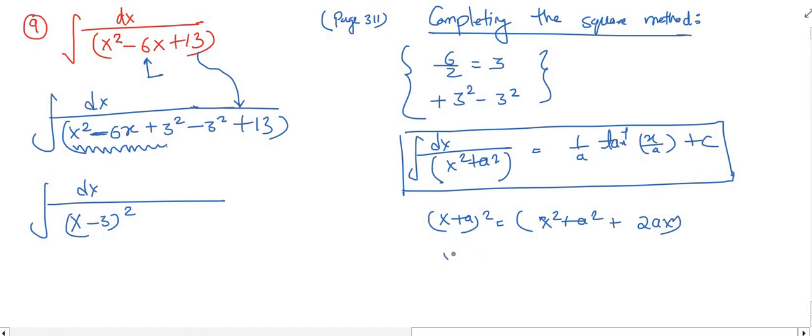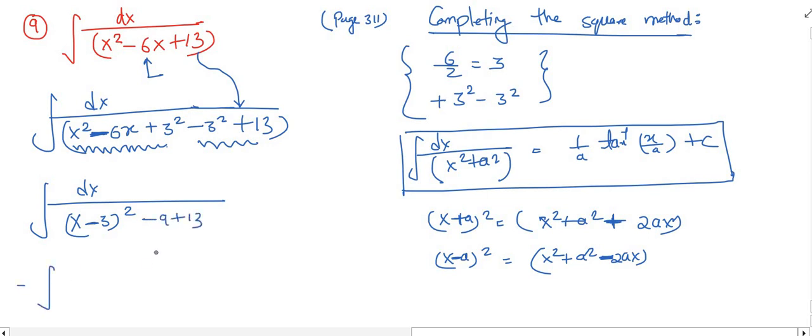See here, let me show you. X minus a square is x square plus a square minus 2ax. Correct? Whenever this term is minus, here comes minus. Whenever this term is plus, this comes plus. Okay? So here, since it is minus, I am taking minus. Remaining term I am just gonna copy. Minus 9 plus 13. Okay?